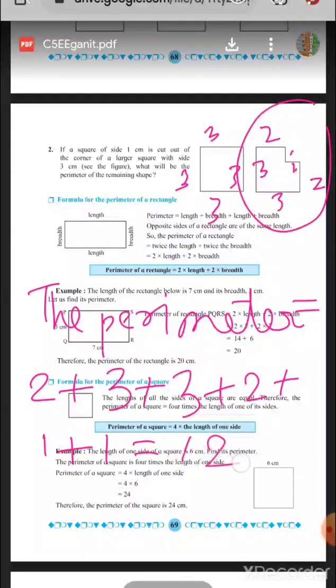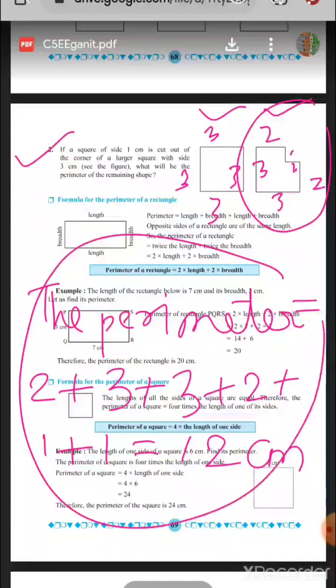So the answer is 12 centimeter. You will write this question, draw both the figures, write all the measurements and write this calculation also.